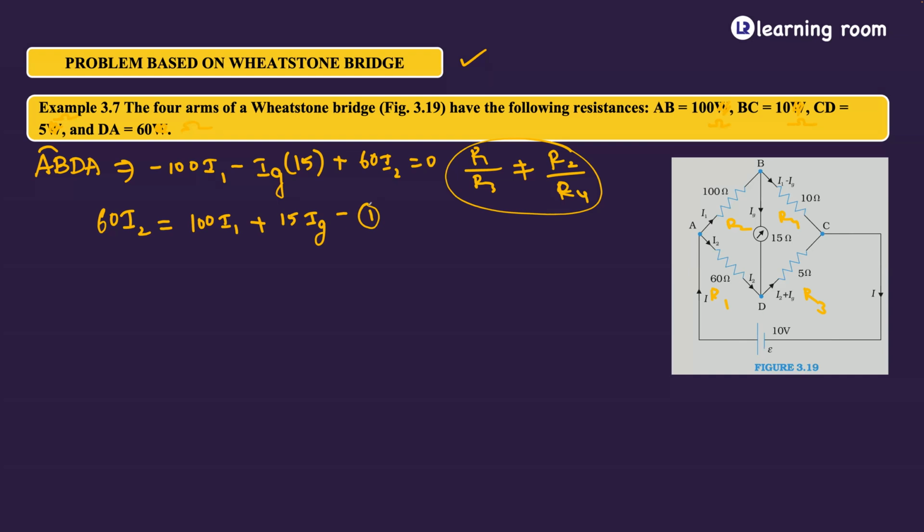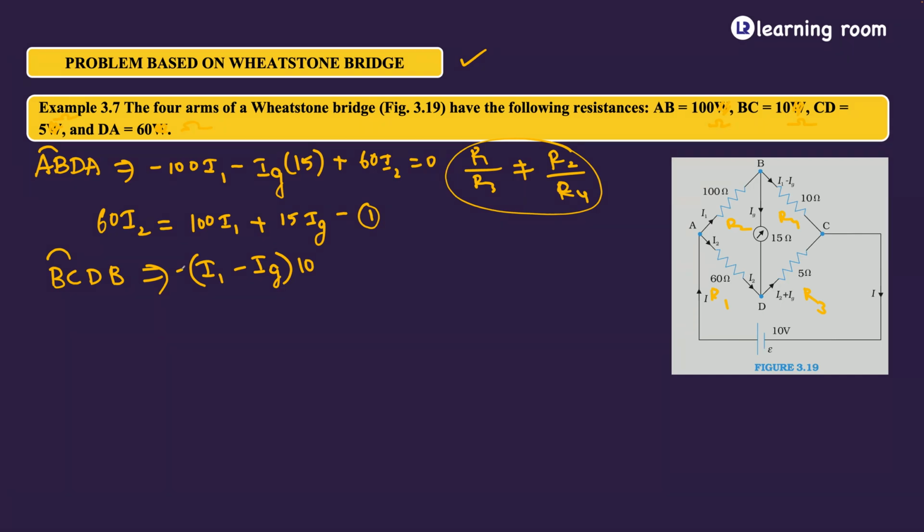Similarly, if you look at the loop BCDB, when you go from B to C, it is minus I1 minus IG into 10, with a negative sign.